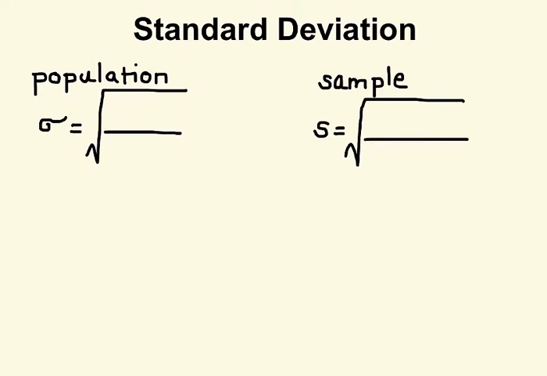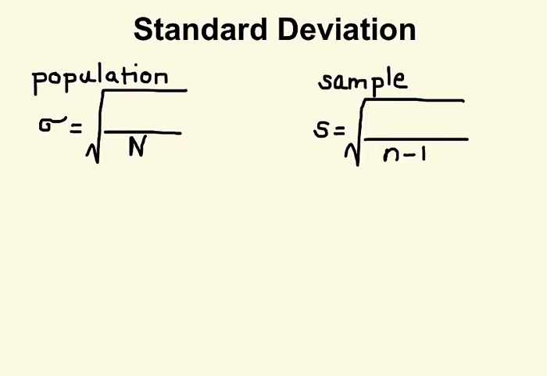And the denominator of our population standard deviation, we write n, where n is the number of values or the size of the population. And for our sample standard deviation, we have little n, which is the size of our sample, minus 1. So there's a slight difference there.